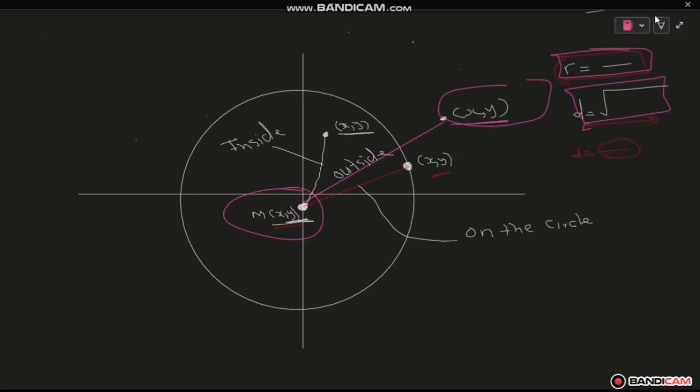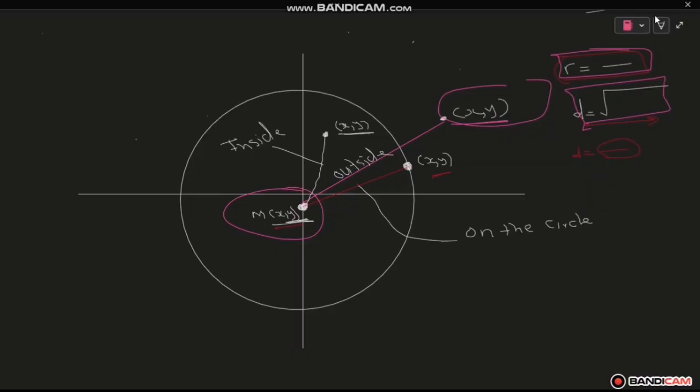Many learners are getting these types of questions wrong, so I'll try to summarize it for you guys so that it can be much easier. So I repeat, you use the coordinates of the center as well as the coordinates of the point.